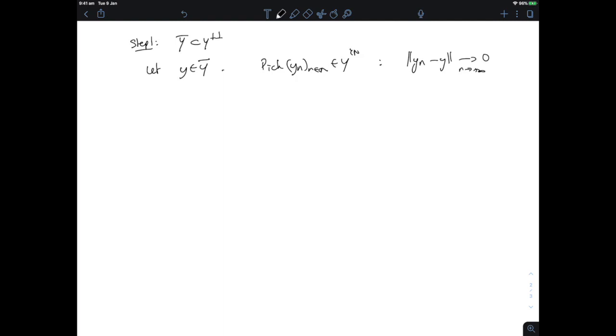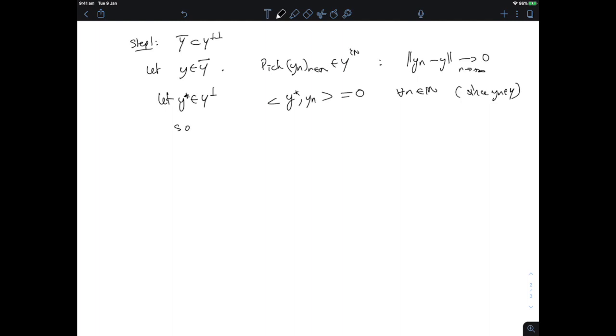Well, what you can say is that if you take a y star in y perp, y star acting on yn is going to be 0 for all n, right? And that's because yn is in y, and that's literally what the definition of y star being in y perp means.